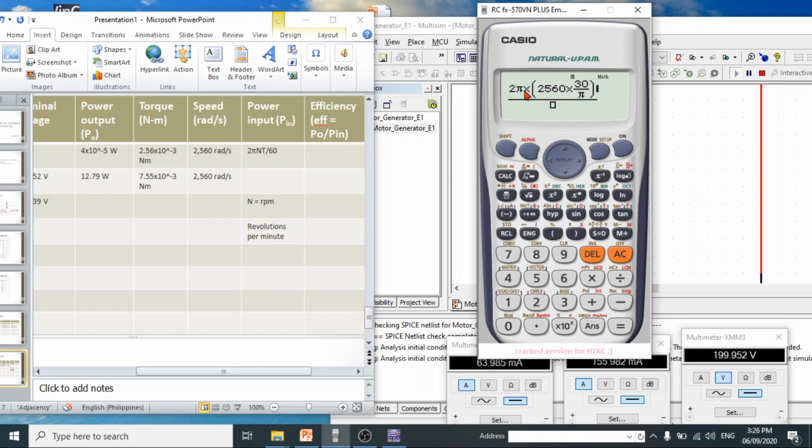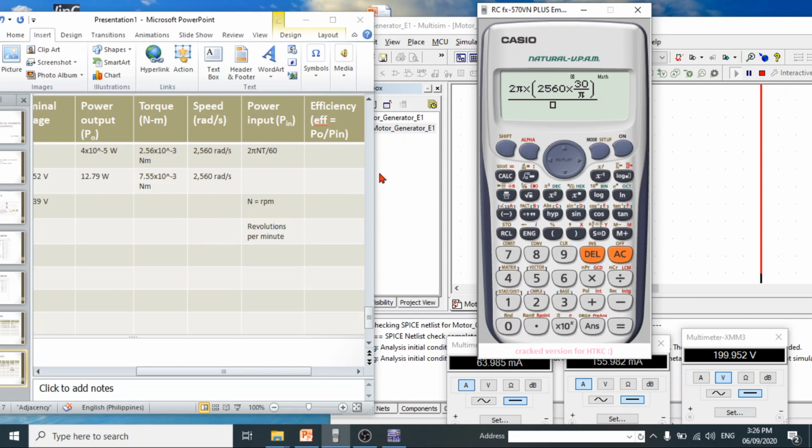So you have 2 pi times N, where N is the speed in RPM. Since we have radian per second, we need to multiply it with 30 over pi to convert it into RPM.